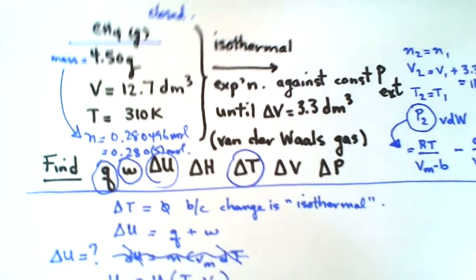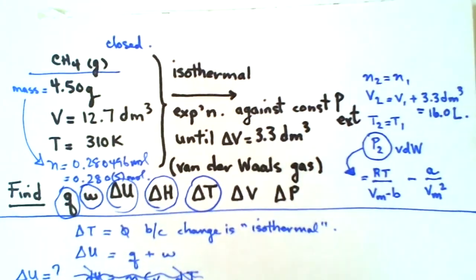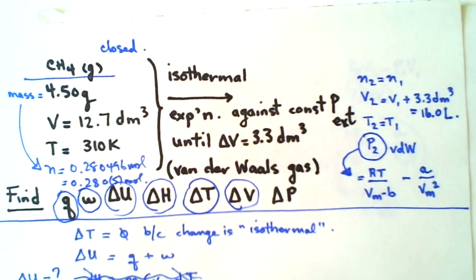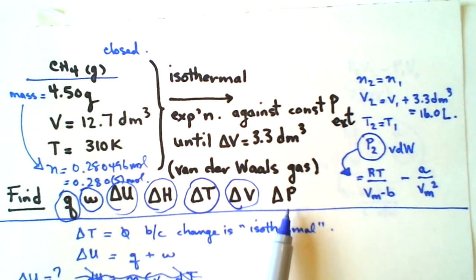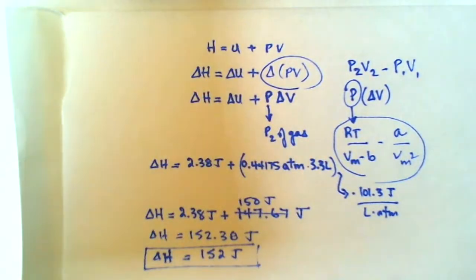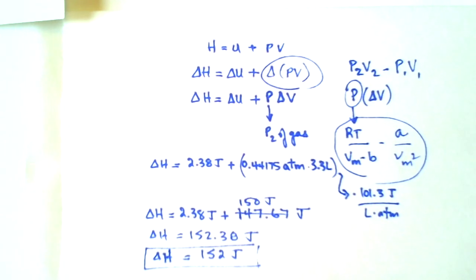Go back up here. That's done. Delta V is given, 3.3 liters. And the change in pressure, oh dear, it's a long question. What is P2? It was expanding against a constant external pressure, that's true, which is equal to P2 of the gas.